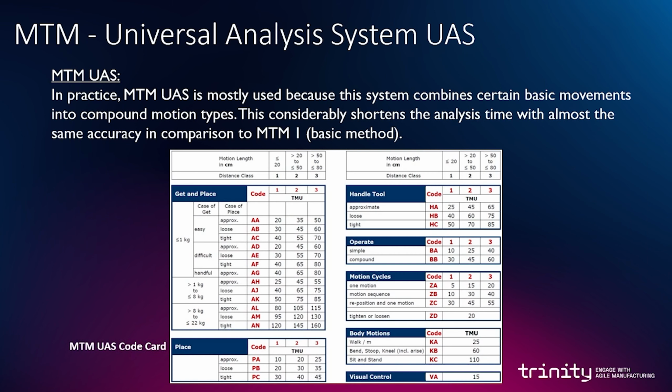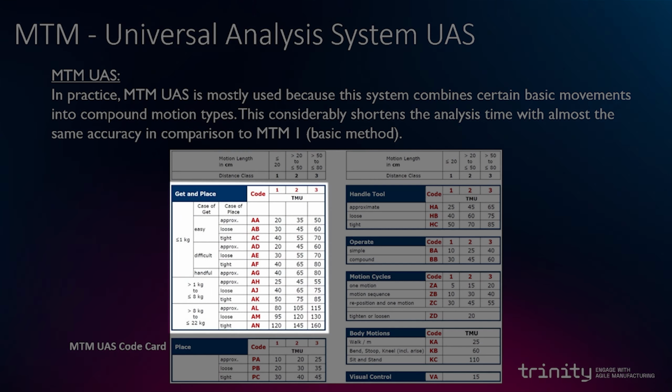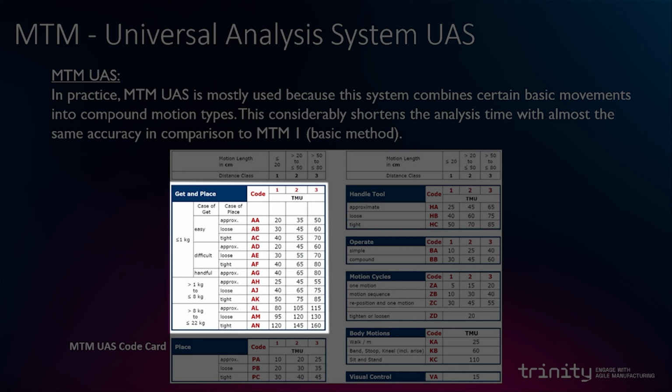Here the MTM UAS code card is shown, and as can be seen, the card is divided into several zones with columns and lines for different types of movements, handlings, distances, and so on. For example, the first area is the movements for get and place.